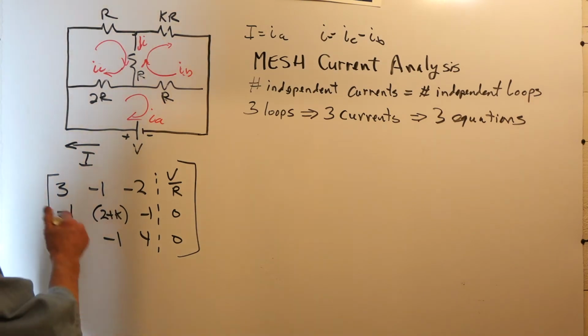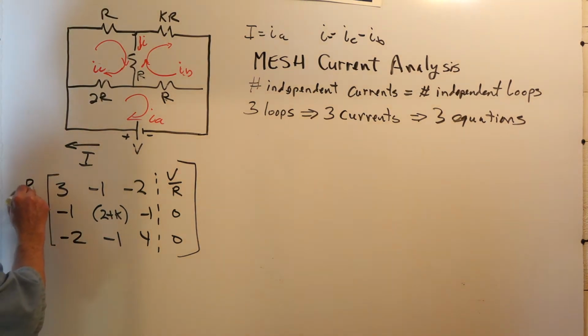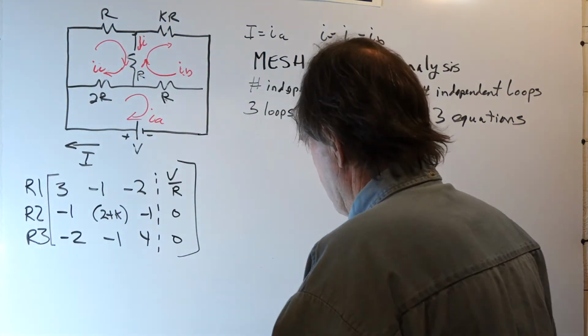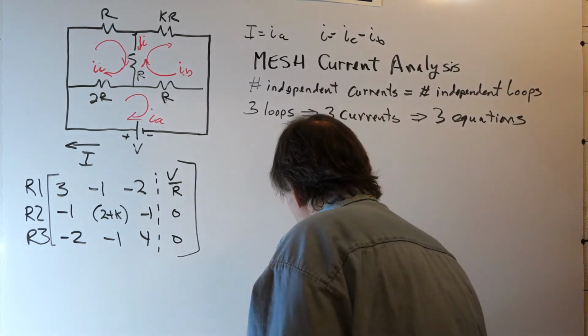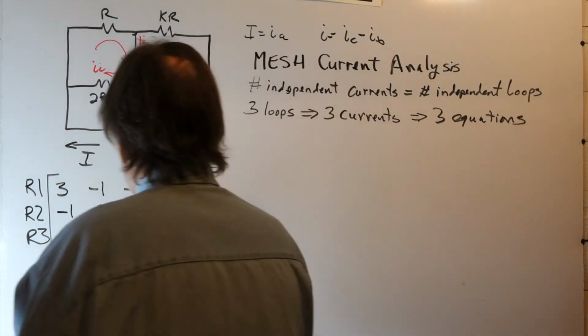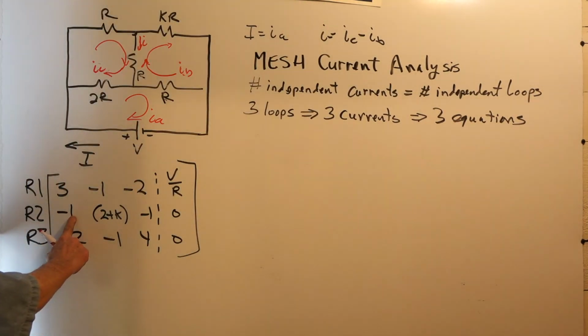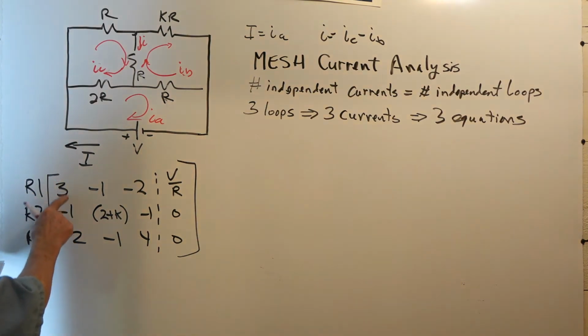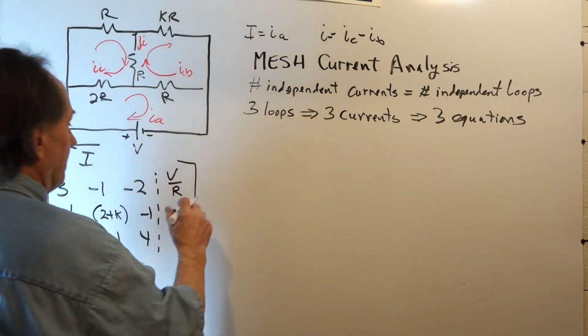But if I call this row 1, this row 2, and this row 3, notice the procedure: if we take row 2 and multiply it by 3 and add it to row 1, this element disappears. So by doing that, what we'll end up with is a matrix that looks like this.